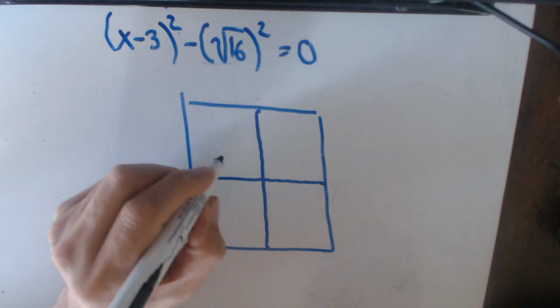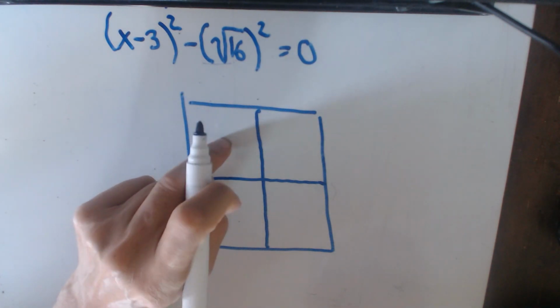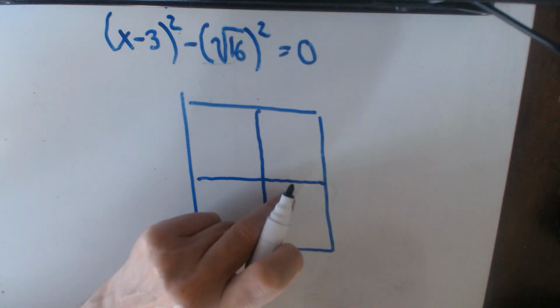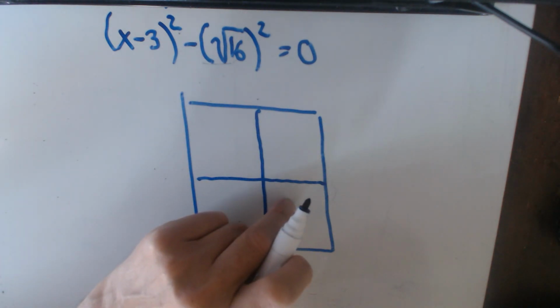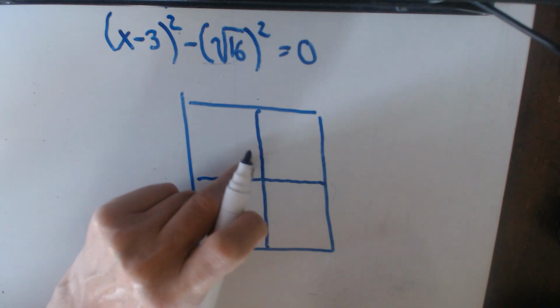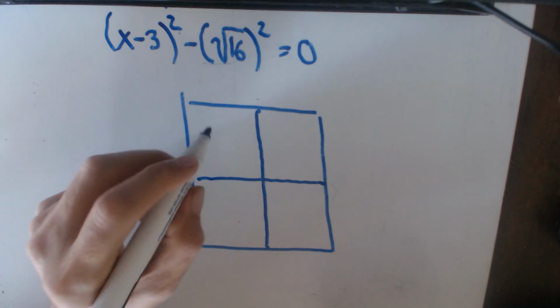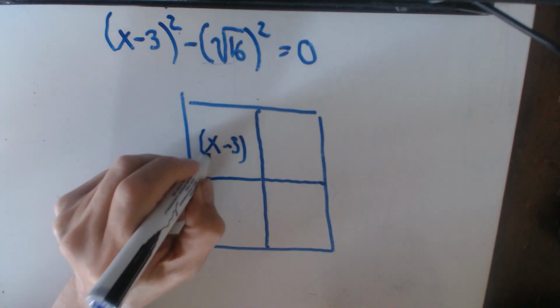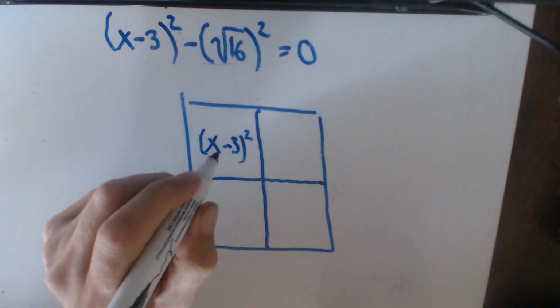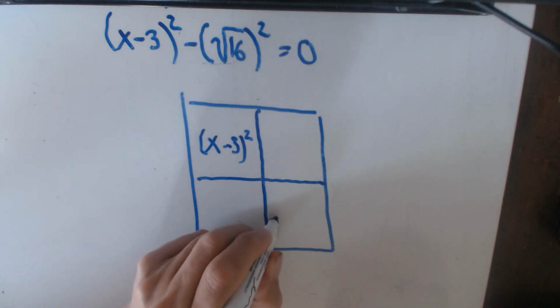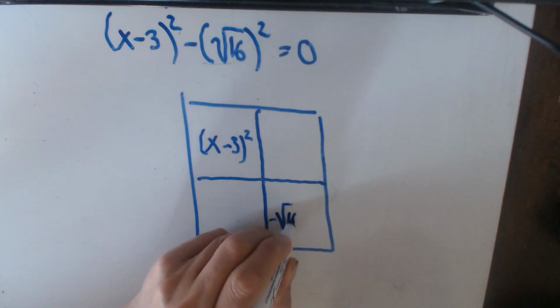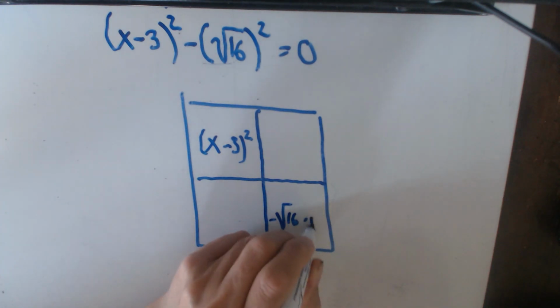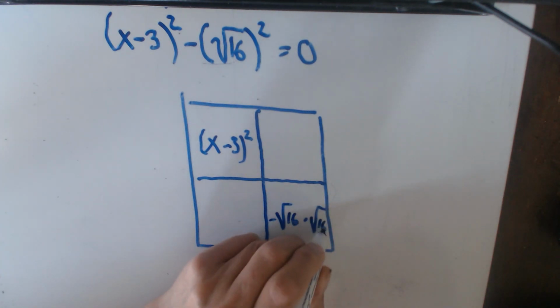So we're going to use the upper left rectangle and the lower right rectangle. That is called the square diagonal. So x minus 3 squared, and here you have minus square root of 16 times square root of 16.